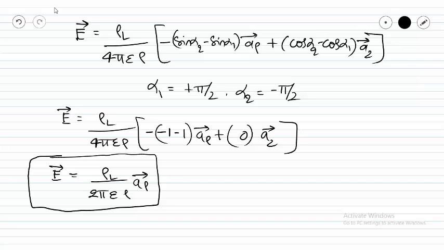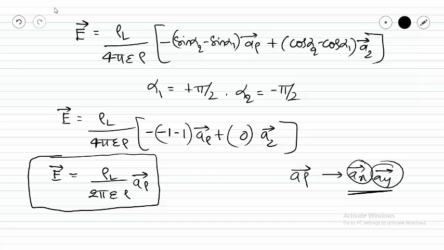If you observe this carefully, rho bar is the direction, so rho bar will have components in terms of ax bar and ay bar. That is, when an infinite line charge distribution exists on the z-axis, the electric field at a particular point will have components in x and y directions.